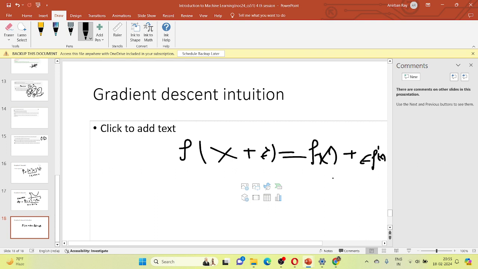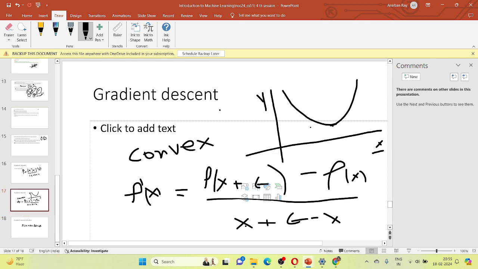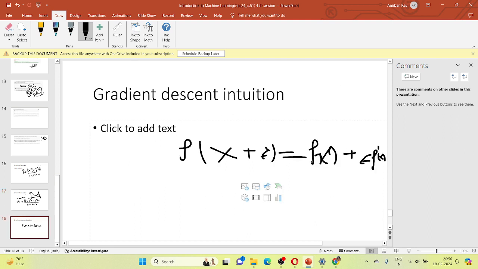So suppose f(x) is here, and we are moving a little bit forward, so this distance is e here. Moving by this distance forward, our value of the function will become this.